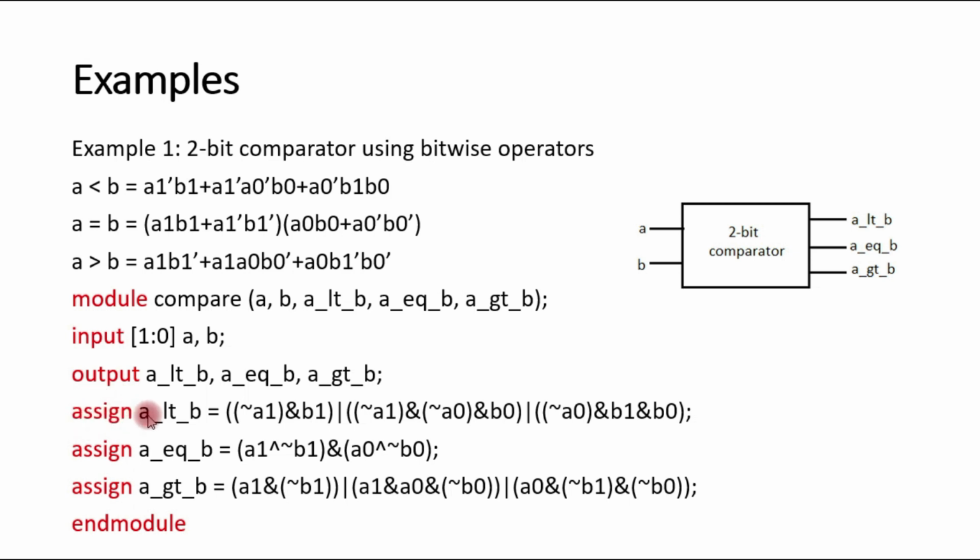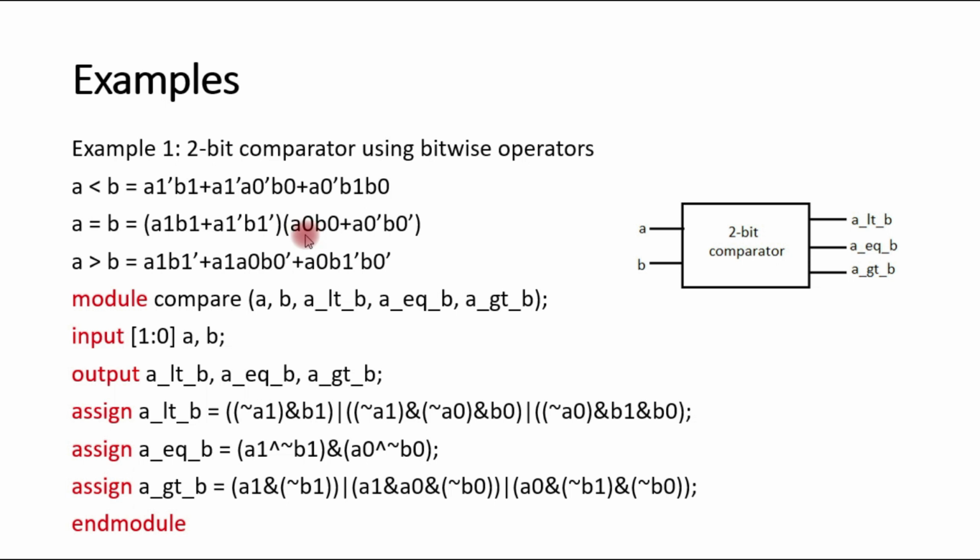Assign A less than B equal to A1 dash B1 plus A1 dash A0 dash B0 plus A0 dash B1 B0. Similarly, for the case of A equal to B, the expression is A1 B1 plus A1 dash B1 dash. It means this one is the XNOR function of A1 and B1.